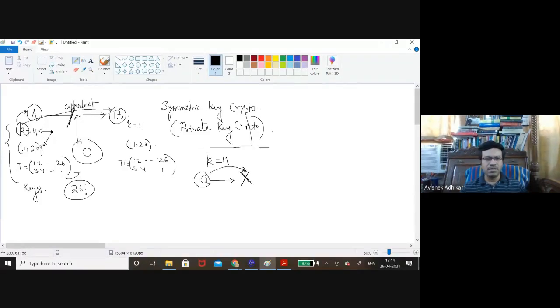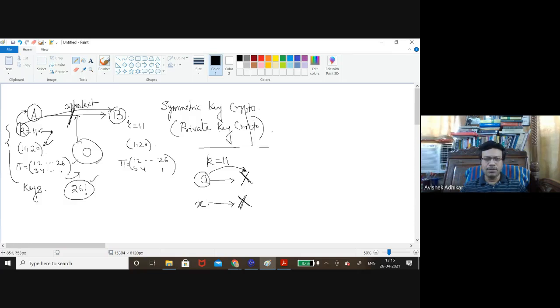Similarly, in case of affine cipher or substitution cipher, the same thing will happen. That means a particular alphabet will always be shifted to a fixed alphabet, and that will be fixed once these keys are fixed.